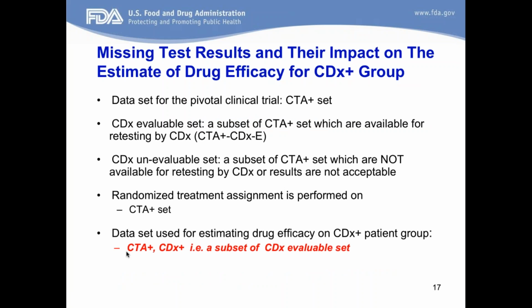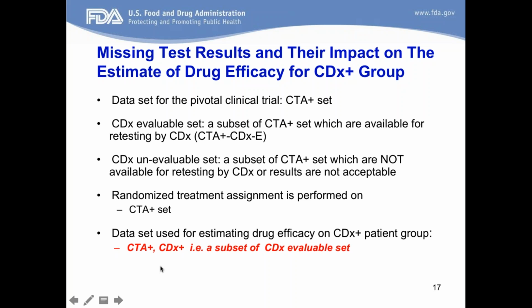And the missing data issue can cause a lot of problems, and I already mentioned it. For example, the data set for the pivotal clinical trial, for the CTA positive set, may not be entirely available to be retested by CDx. And the CDx evaluable set is a subset of CTA positive, since some are not available for retesting by CDx, or the results are not acceptable.